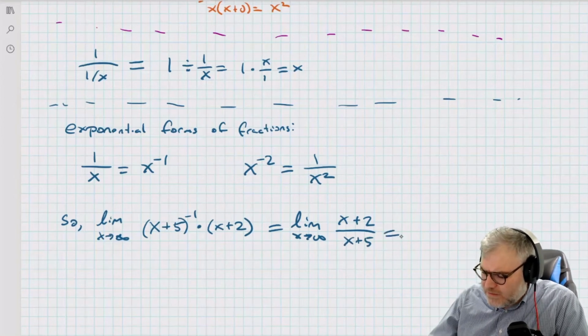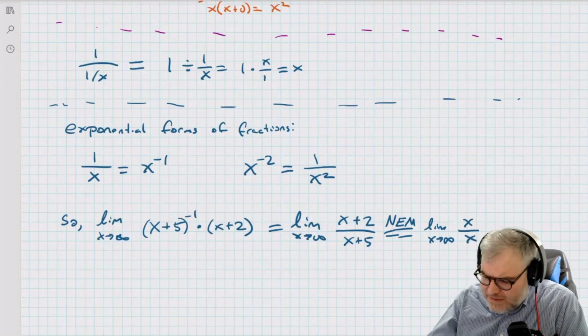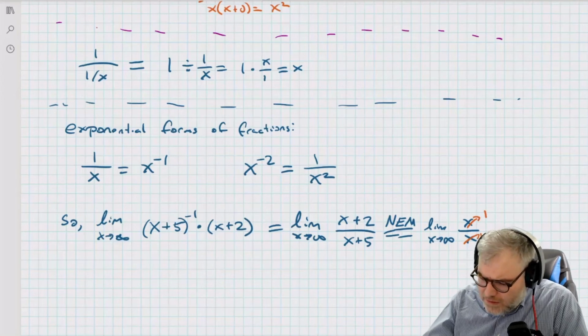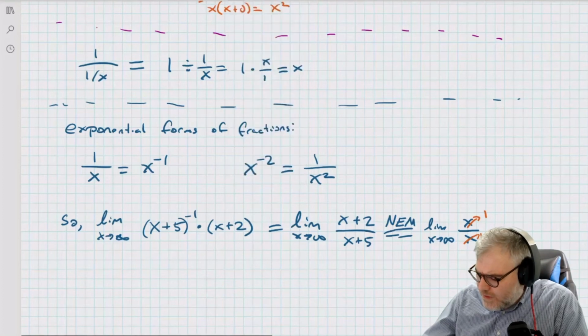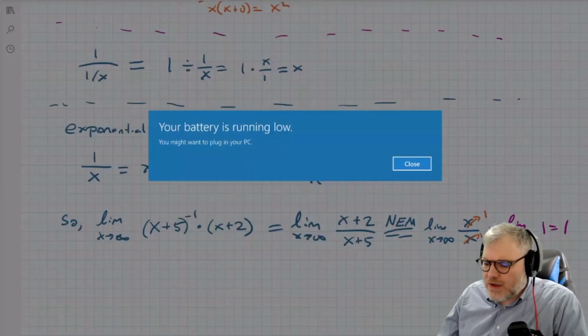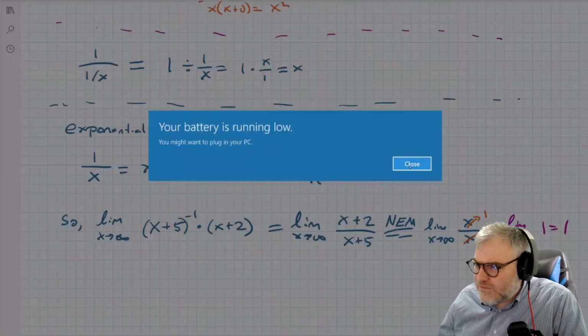And because I'm going to infinity, nothing else matters. That equals the limit as x goes to infinity of x over x. Those cancel, and I wind up with 1 here. And so that equals the limit as x goes to infinity of 1, which equals 1. Okay, so 1 to 5, how do we feel about that one?